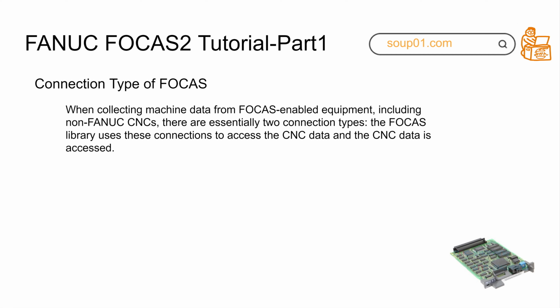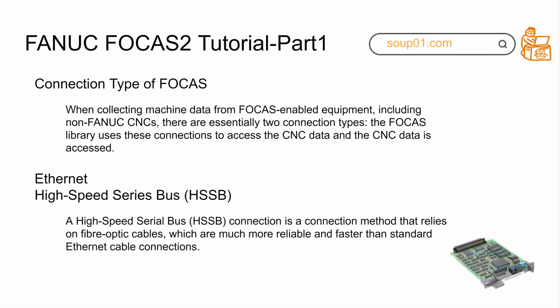When connecting to machine data from a FOCAS-enabled machine, there are actually two types of connections the FOCAS library uses to access the CNC data, read and write: Ethernet and high-speed serial bus, HSSB. The HSSB connection is more stable and faster than a standard Ethernet cable connection, but it needs a special card, which I also don't have.